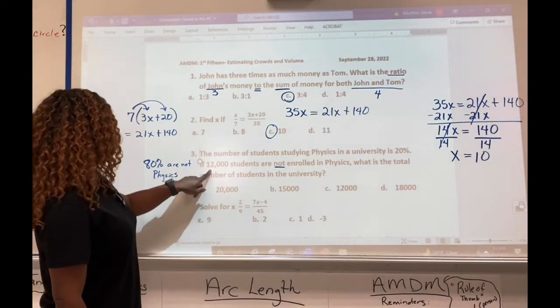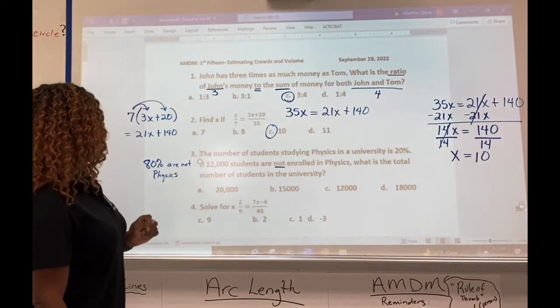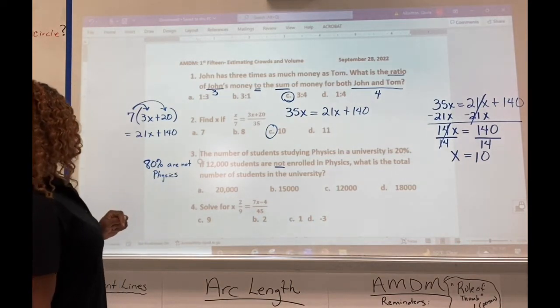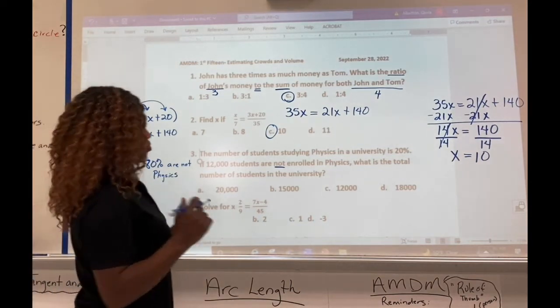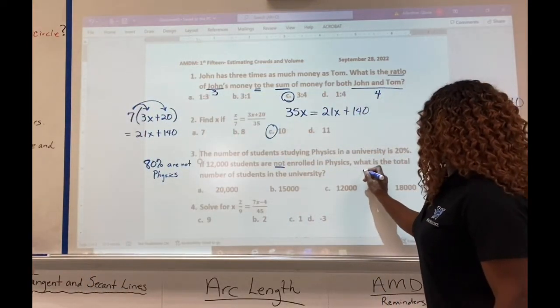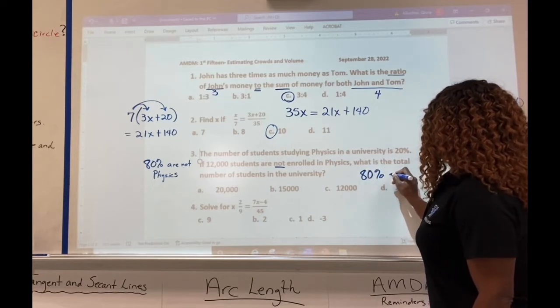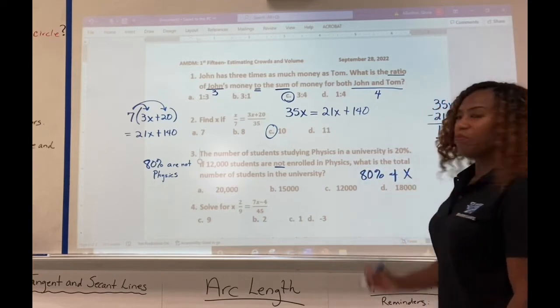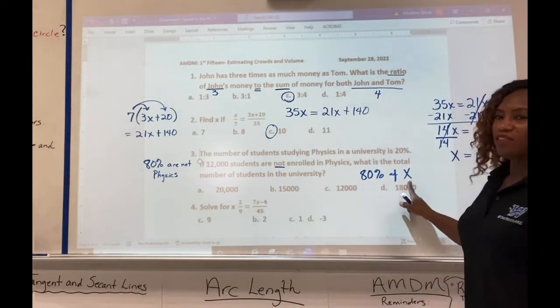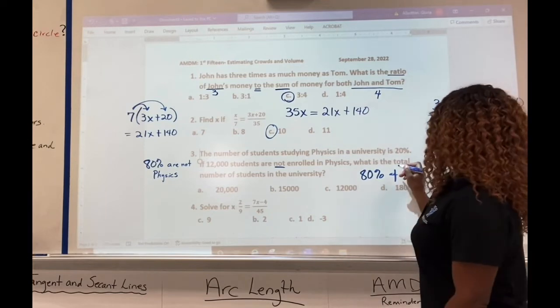But then they give us the total number of students. It says if 12,000 students are not in physics, what's the total number of students in the university? So what we have deduced from this information is that 80% of some total amount of students, I'm going to let X be the total number of students in that school, because that's what we're trying to find.